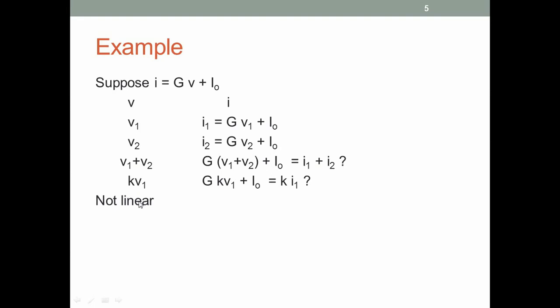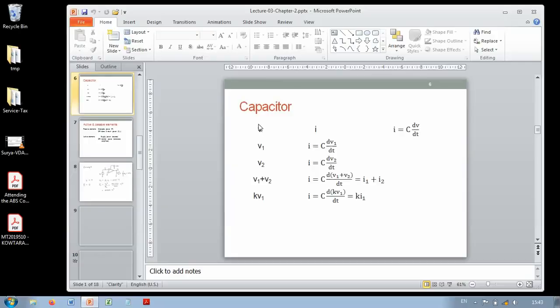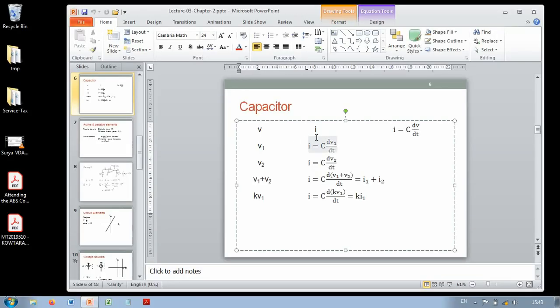Okay, let's look at the capacitor. For the capacitor, we said the current voltage relationship is this equation, I is C dV/dt. So if we apply a voltage V1, then the current I1 is C dV1/dt. I'm sorry, let me just correct this: I1 and I2.